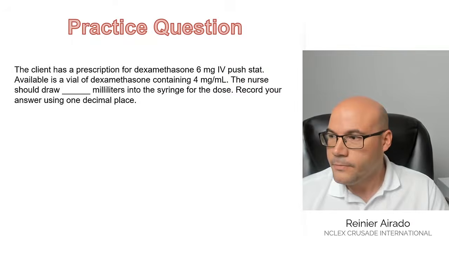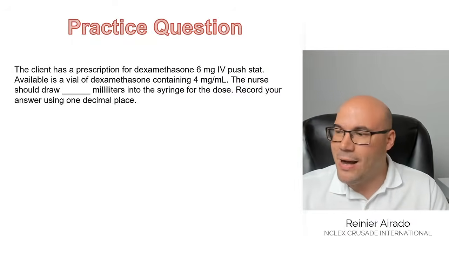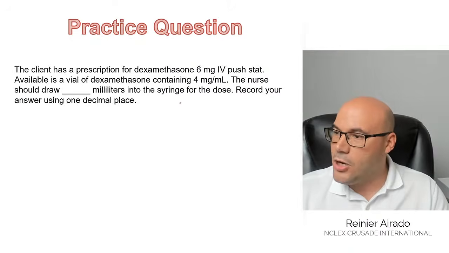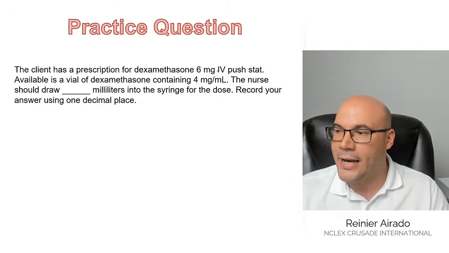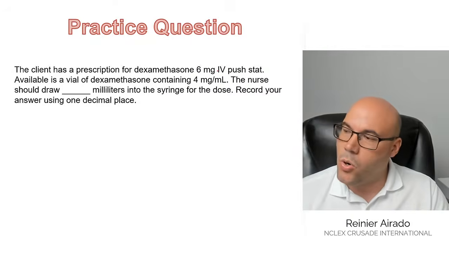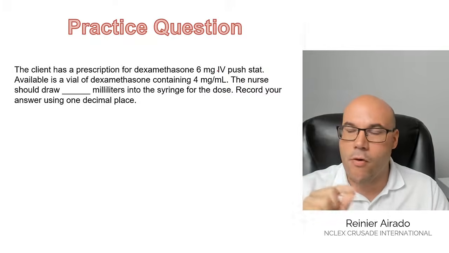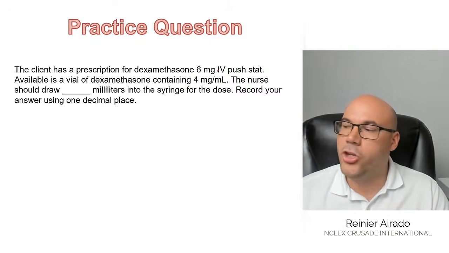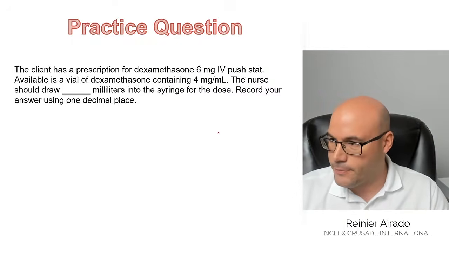Okay? So the first step is to identify or collect the information. So let's collect the information. The prescription comes: dexamethasone 6 milligrams IV push stat. What this is telling you is that you will be administering, per doctor's order, 6 milligrams IV per dose. So we're going to turn that into a fraction.